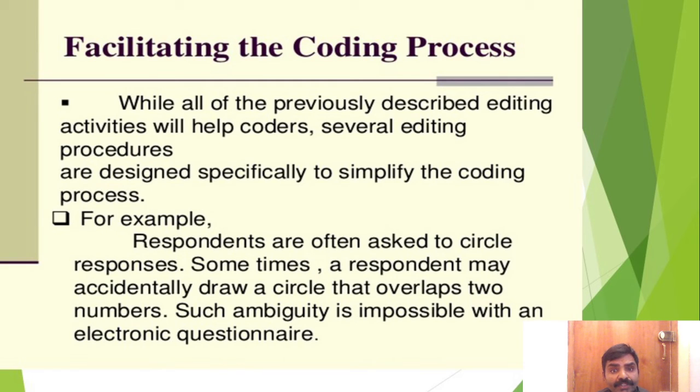While all the previously described editing activities will help the coders, several editing procedures are designed specifically to simplify the coding process, because coding will be done only after the editing job. If the editing job is efficient, effective, systematic and scientific, then it's very easy for the coders to code the responses systematically.